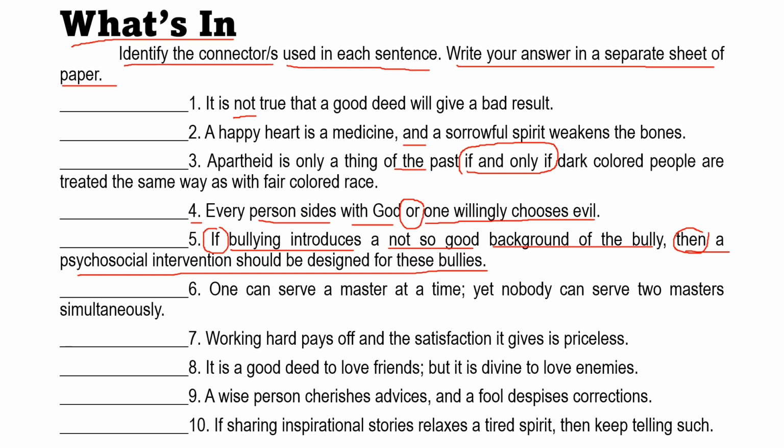And for sentence number six: one can serve a master at a time, yet nobody can serve two masters simultaneously. So there is a "yet" here that will serve as your connector.